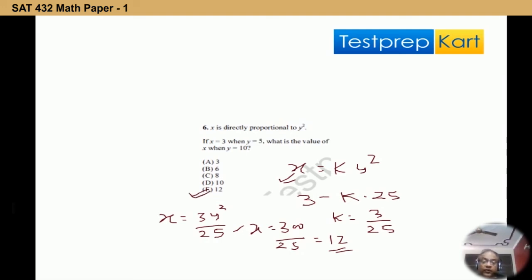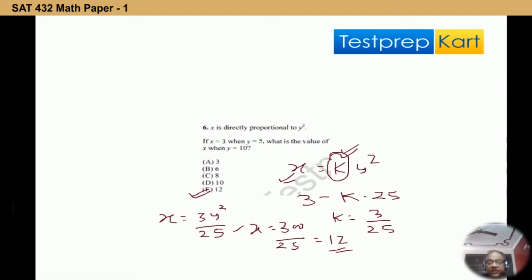Now one thing which is very important: because x is directly proportional to y square, I can always write x equal to ky square. In this process, one has to find k if you want to find x for a specific value of y, or even if y is given and you want to find x, ultimately k is required.